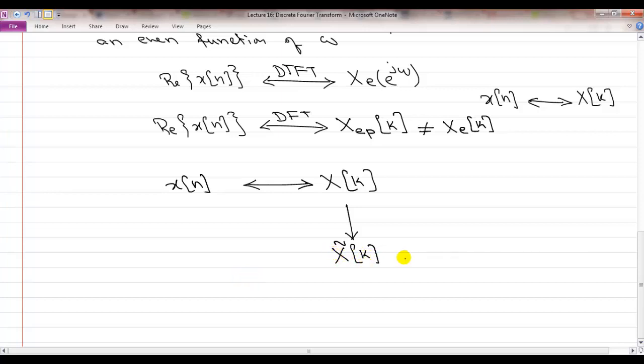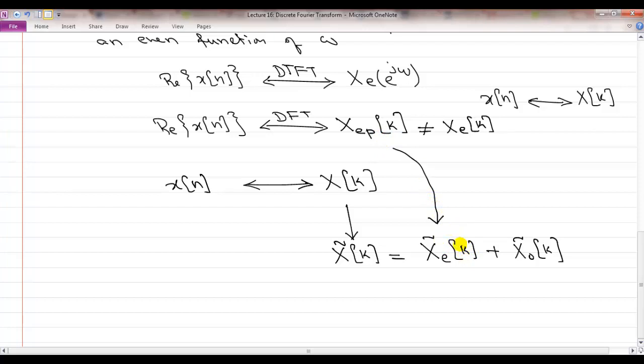So this x tilde of k can now be written as an even part x tilde e of k and an odd part. And this x ep of k is actually one period of that thing. It's one period of x tilde e of k.